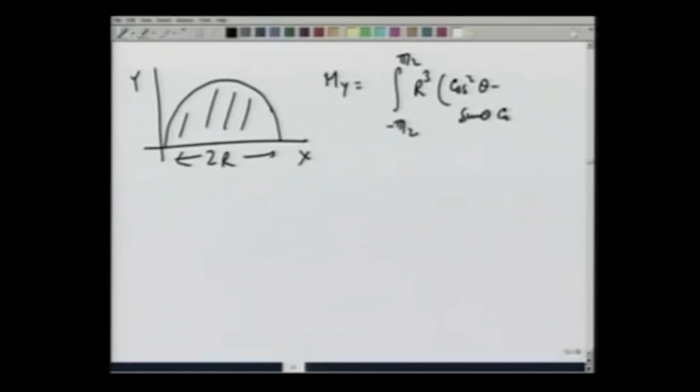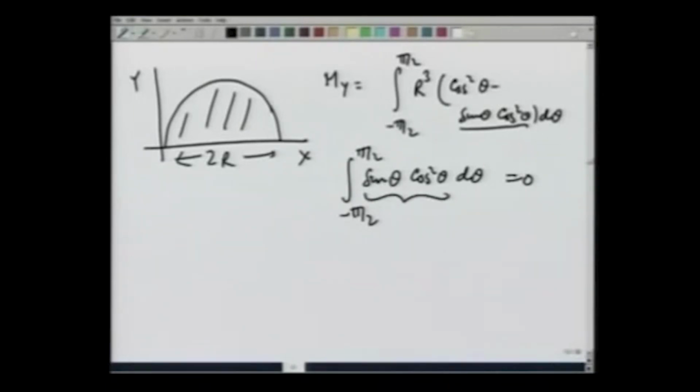Sin theta cosine squared theta is an odd function with respect to theta, and therefore its integration from minus pi by 2 to pi by 2 is going to be 0, because as you go from theta to minus theta, this integrand changes sign.